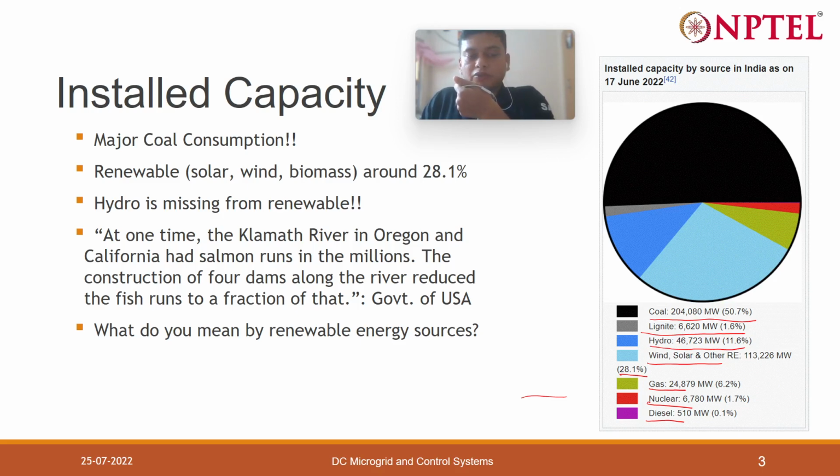You need to put up a dam, and for that you have to displace a community from that area, and also you are bending the flow of the river according to your wish, and in some areas it also creates floods. So it is not a type of clean energy, and it impacts our nature, the flora and fauna of the environment.